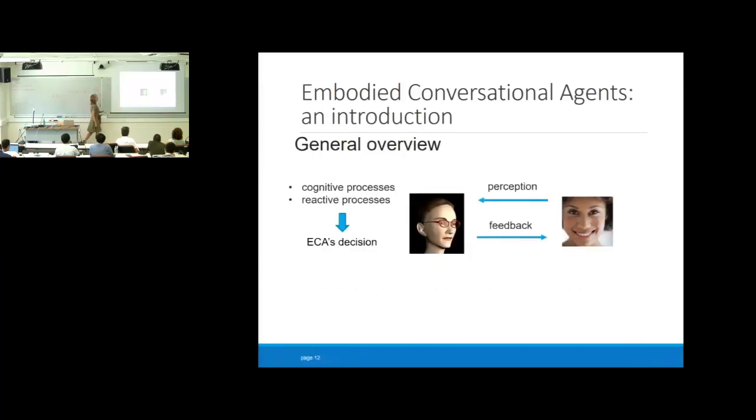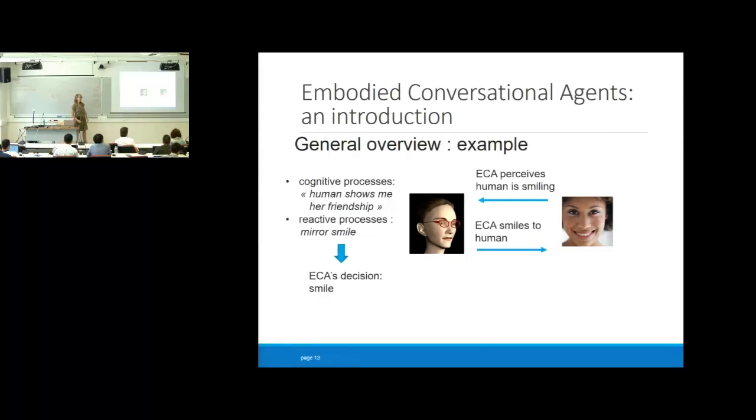So generally how it goes: the agent is endowed with some perceptive capabilities and is able to have some cognitive and reactive processes, make a decision on how to answer the user's verbal and non-verbal behaviors, and send a reaction. For example, here, the agent perceives the human is smiling.